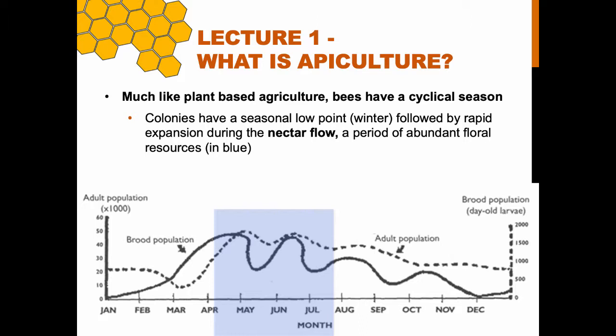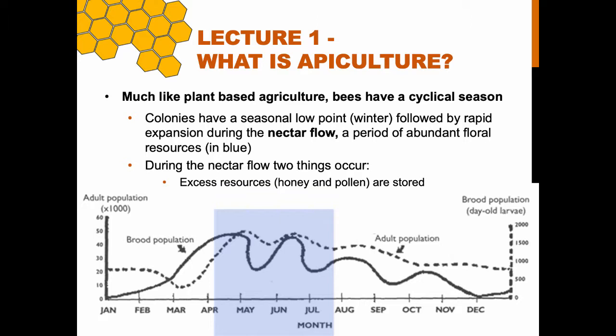In the tropics, if you do beekeeping, the low point is typically in the winter, or I'm sorry, the rainy season, since they basically just have dry season, rainy season. But the rainy season or the winter is when they're low. When the flowers come out, we see a nectar flow, here highlighted in blue, where the populations grow quickly, there's abundant resources, the bees collect a ton of nectar, make a ton of honey. And then they slowly decline as the season progresses into the next winter.